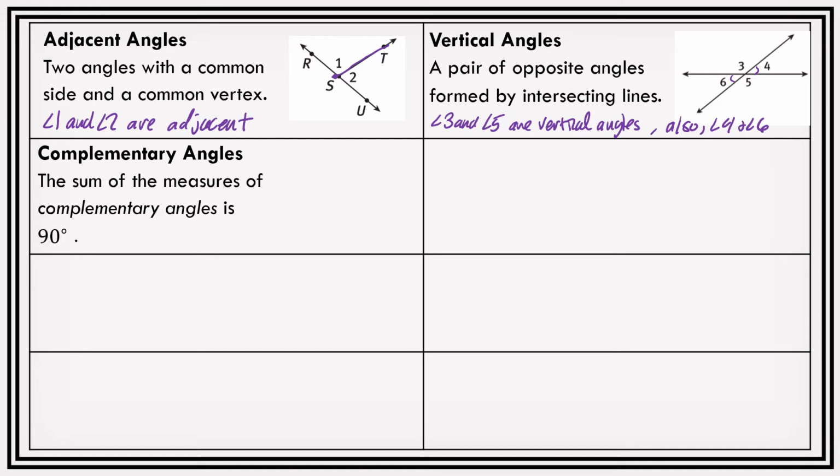All right, next, complementary angles. The sum of the measures of complementary angles is 90 degrees. So if you hear complementary, you know they add up to 90 degrees. If we look at this, angle ADB, which is this angle right here, and angle BDC are complementary.